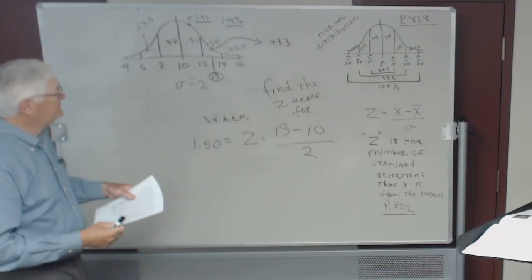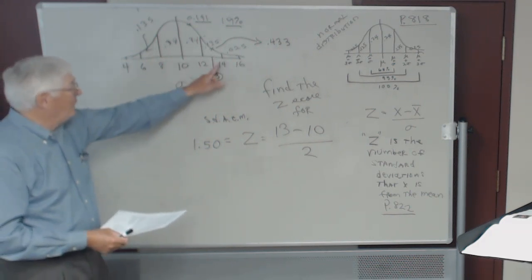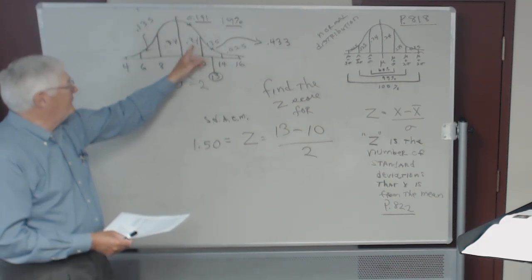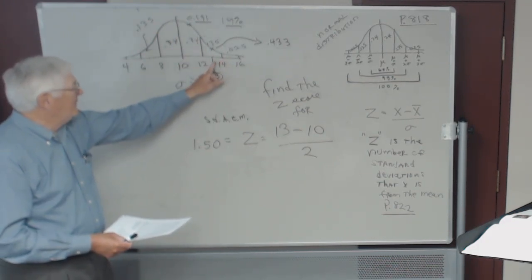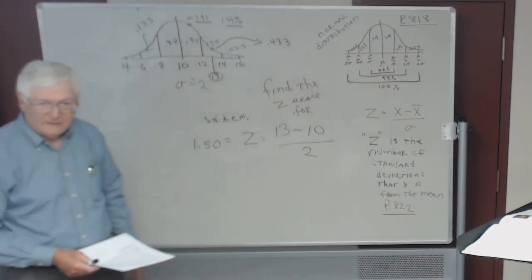You see that? If 14 would be 0.34 and this, that would be 0.475. But right here at 13 is 0.433.